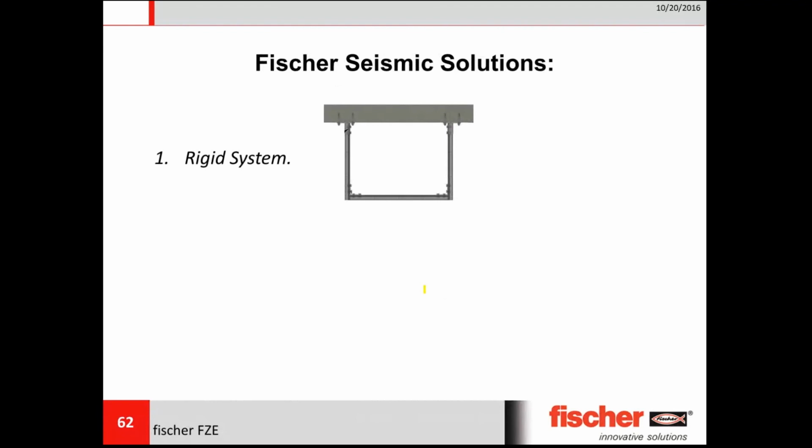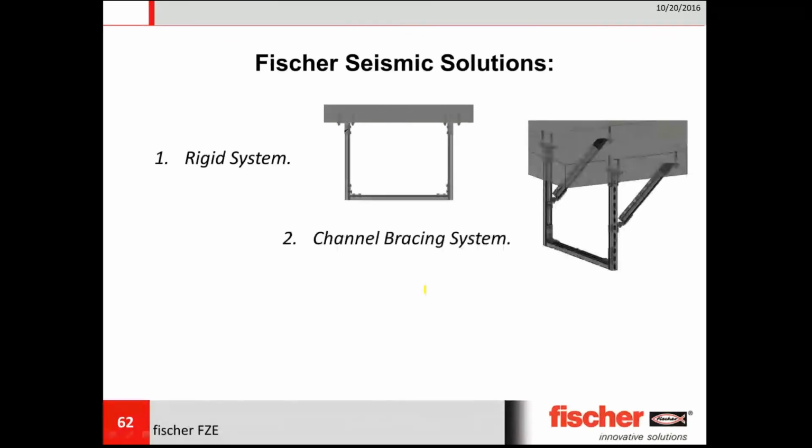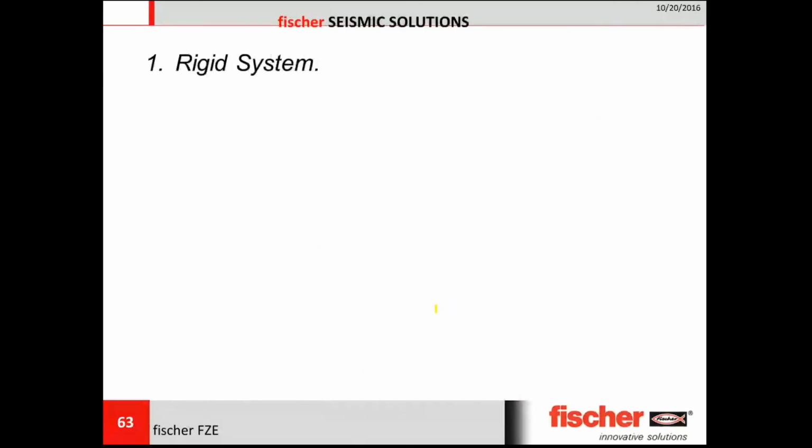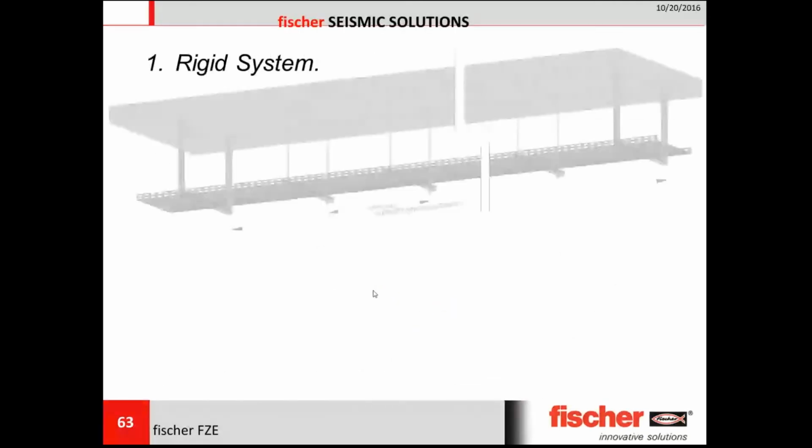At Fischer, we focus on providing three main solutions. The first one is a rigid system, the second one is a rigid system with bracing, and the third one is a 100% complete bracing system. All three options are available based on site conditions, location, etc. So the first option is the rigid system.